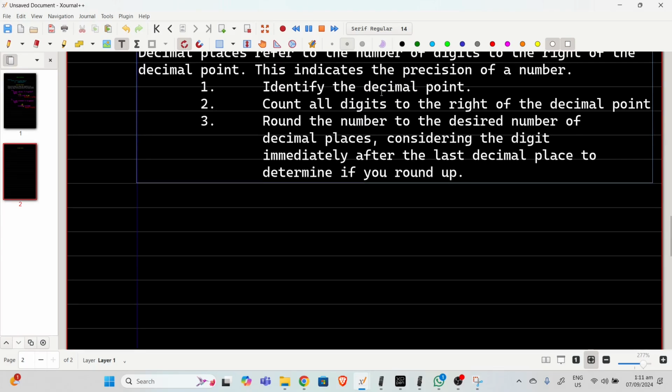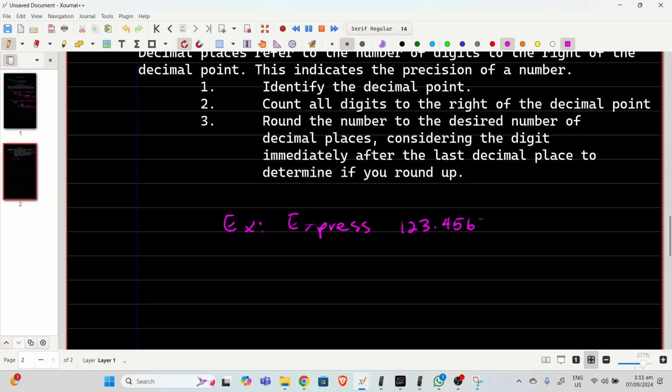Again, let's do a quick example. Let's say you're required to express 1234.567 to 2 decimal places. So let's look at the decimal places now. 2 decimal places means 2 positions after the decimal point.